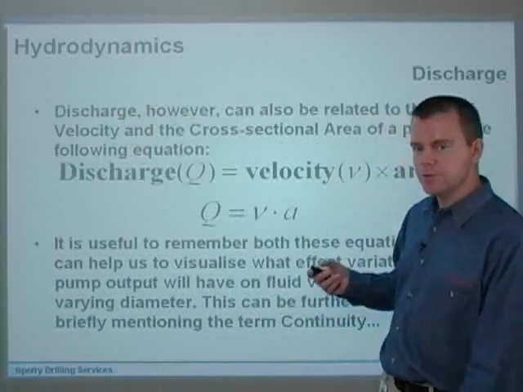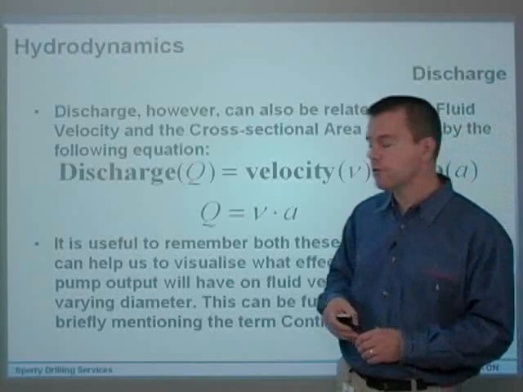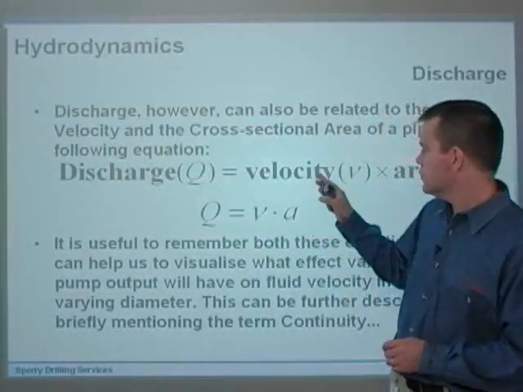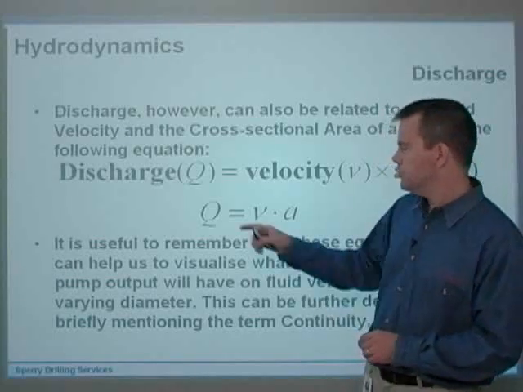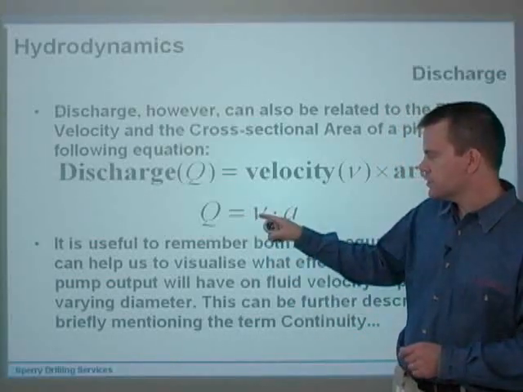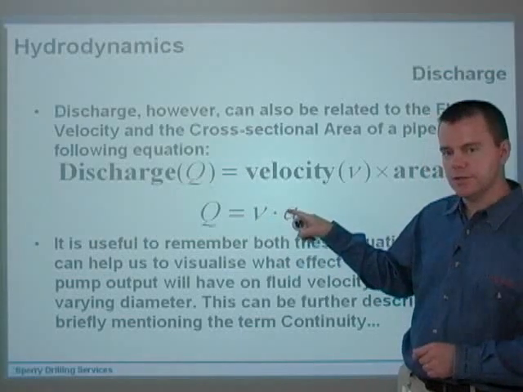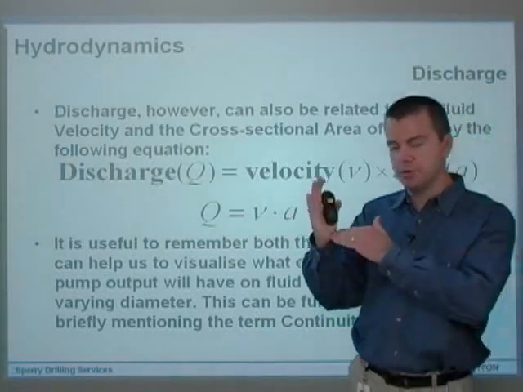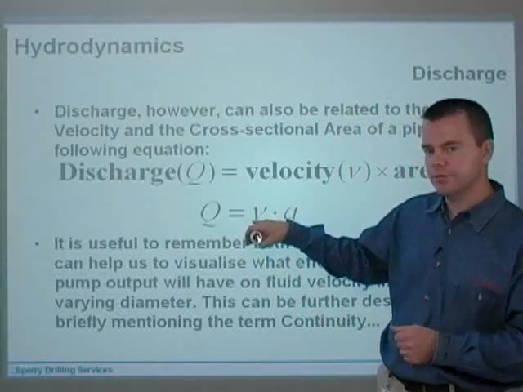And discharge can also be related to the fluid velocity and the cross-sectional area of a pipe by the following equation. Q equals velocity, which is V, times area, which is A. Now, Q equals VA. Velocity is a length unit divided by a time, and area is length times length, or length times breadth, if you like. So we've got length times length times length divided by time.